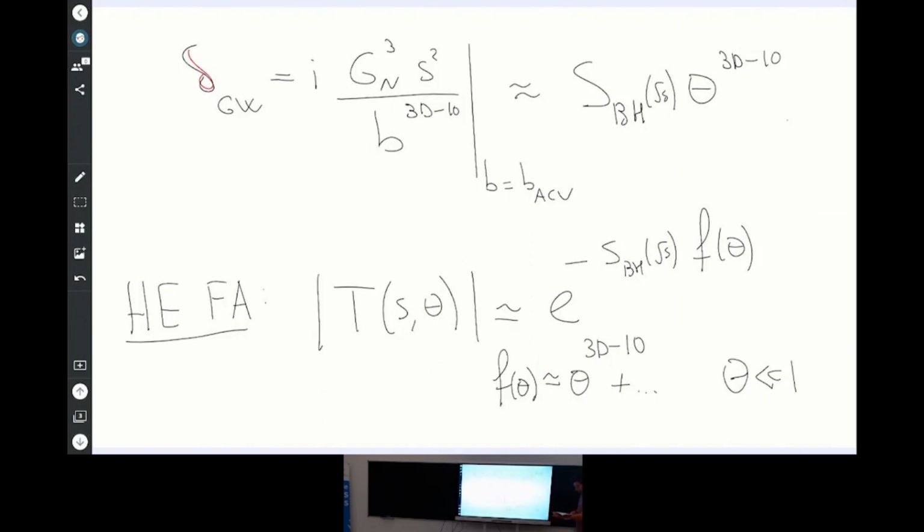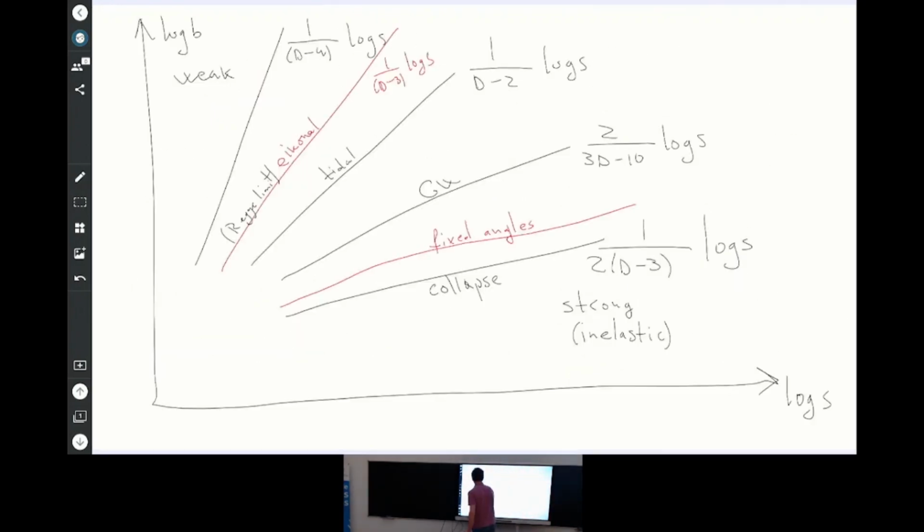Okay, and maybe I make last comments. So you can ask, it seems from what I'm saying is that at small angles, the scattering is highly suppressed. There is a black hole entropy suppression, and then you go through collapse region.